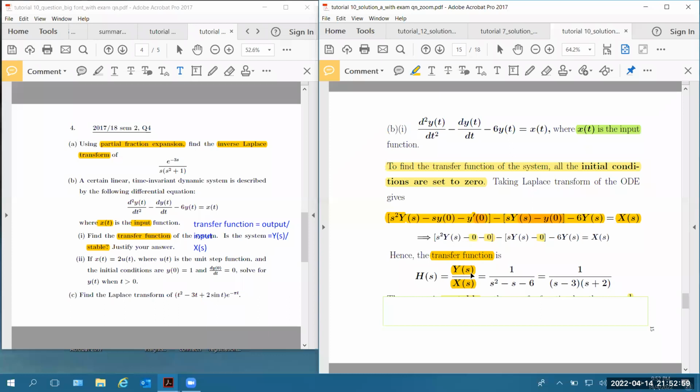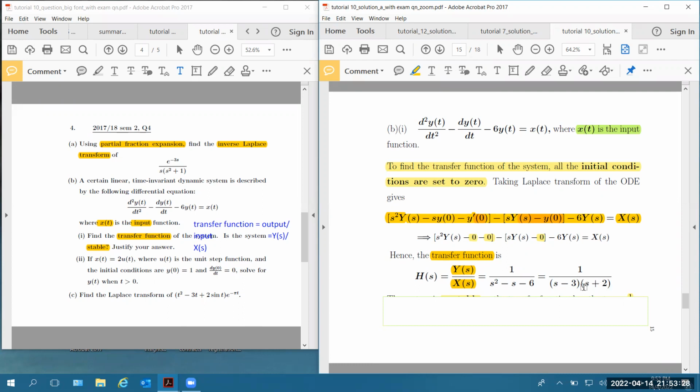That means you got your Ys equal to the transfer function times Xs, and then you inverse Laplace transform. Although we don't know what the Xs is here, it's not given, in the process of inverse Laplace transform, this one will come into play.